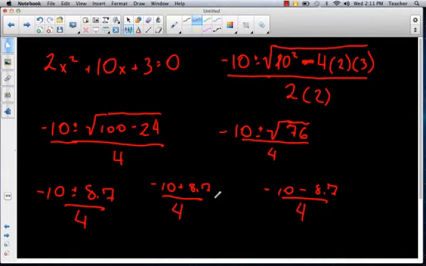Negative 1.3 divided by 4, which equals out to negative 0.325. Now, here, what I like to do just to make things simpler is add the negative instead of subtracting. It just, for me, it makes things go a lot smoother. Plus negative 8.7, that divided by 4. So this equals 4.675. And I'm sorry, this is negative 4.675.